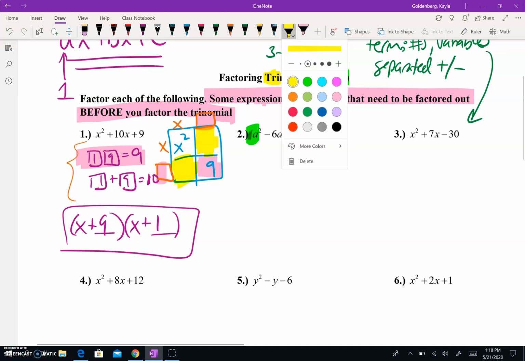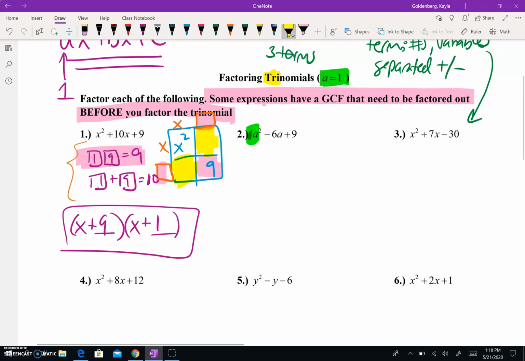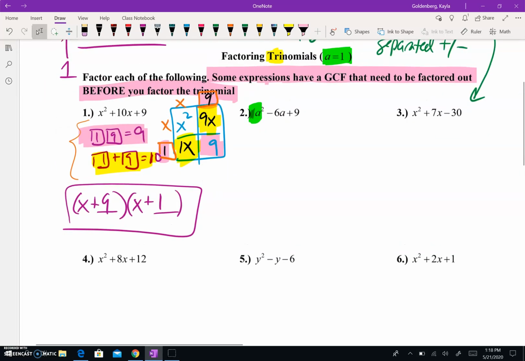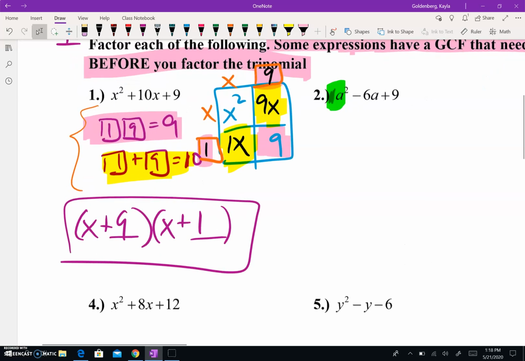And what's also really cool, I'll use the yellow. When I say what adds to be 10, that's because if you look at where I highlighted yellow, when I put them in, it will be 9x's and 1x. 9 and 1 add to 10, but they also happen to multiply to be 9. So I just really want to connect to the fact that that's what you generally are asked to think through for these kind of factoring problems.